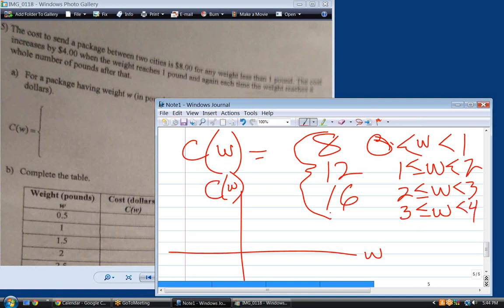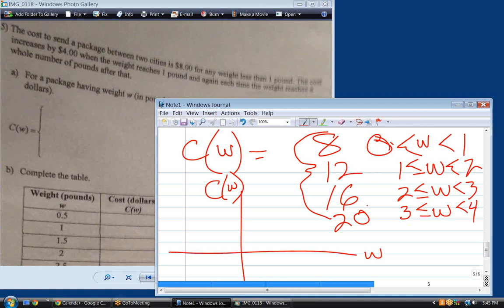Does this make sense? In other words, when the weight is between 0 and 1 pound, the cost is $8. When the weight is between 1 and 2 pounds, the cost is $12. In other words, 1.5 pounds, it's $12. It's not based on that original function I wrote in there.